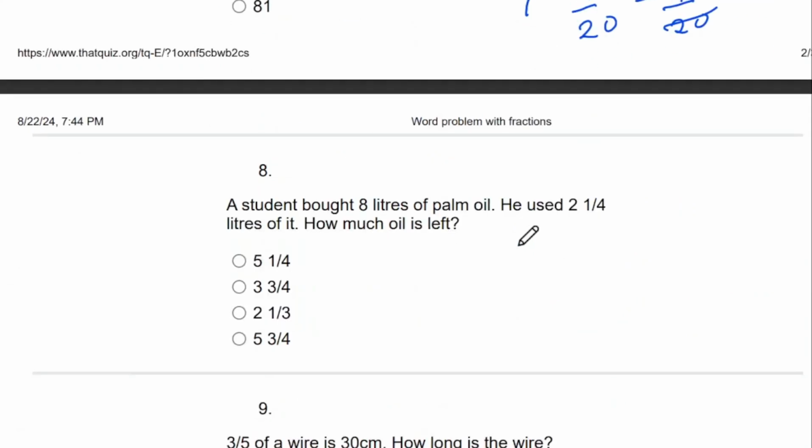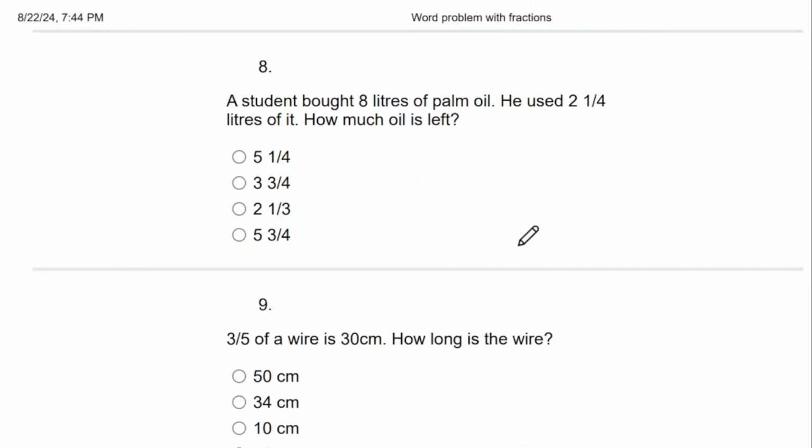Okay, question 8. A student bought 8 liters of palm oil. He used 1 over 4 liters of it. How much oil is left? So we're going to subtract here. So that's going to be 8 minus 1 over 4, which will give us 8 over 1 minus 9 over 4.